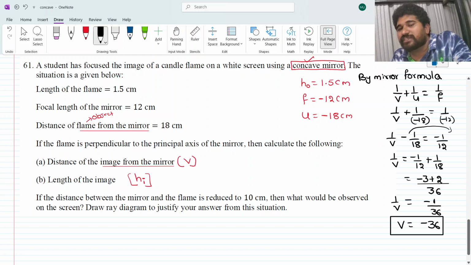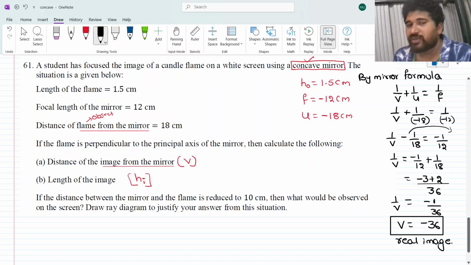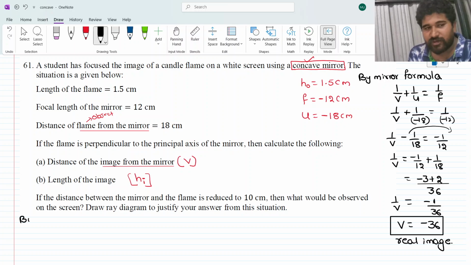What is that minus indicating? Is it real or virtual? V negative means real image. Clear?